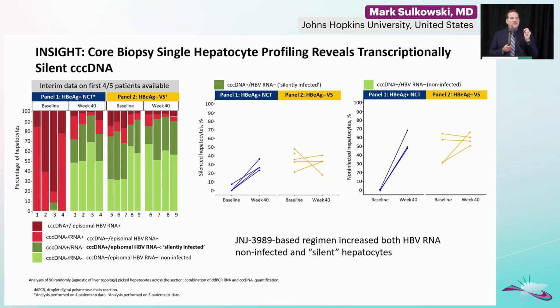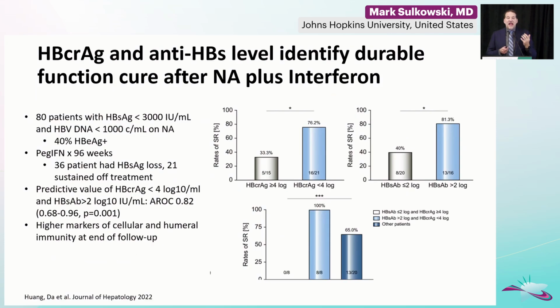But if you didn't change the immunologic profile of that patient, what is to prevent the reactivation of active transcription in those silent hepatocytes? Once you remove the siRNA, will they come back? And I don't think we quite know the answer to that, but it does highlight the potential role of the immune system. So I wanted to highlight at least one study that looked at one measure of immunity.